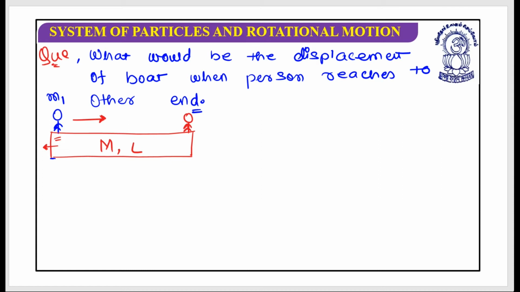There is a force of friction between the plank, or the boat, and the man. But if I consider this as my system and this dotted line as the boundary of my system, let's have a look.